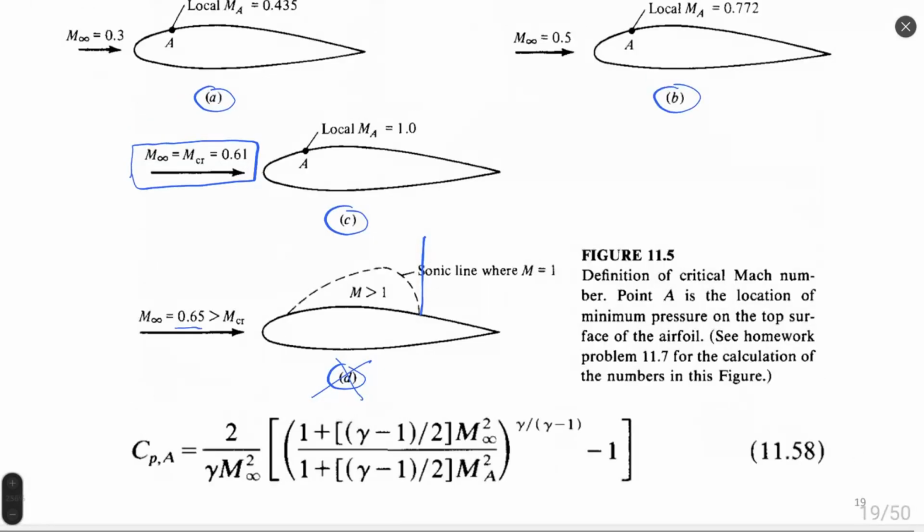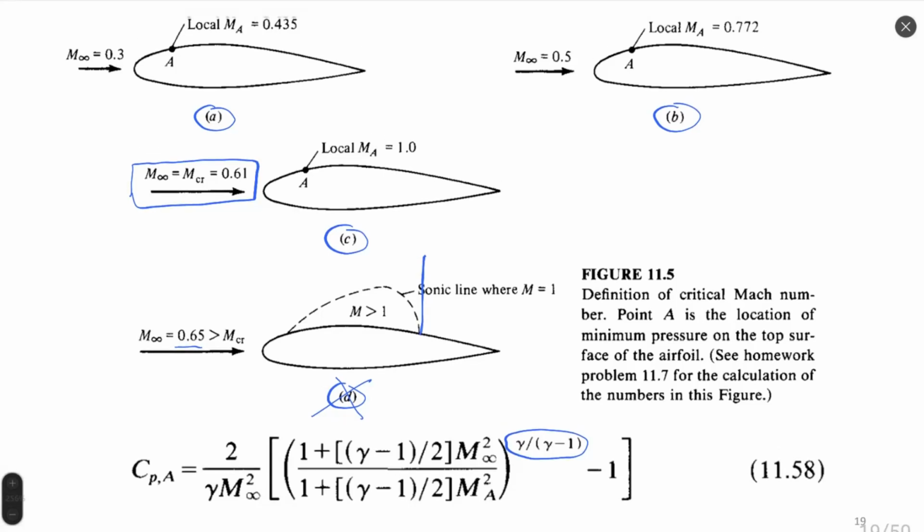So we have this function written as a ratio of pressures. We have a ratio of these functions. The power is the same, gamma divided by gamma minus 1, for both functions, so we simplify in such a case. This is the general formula for any Mach number at point A. When we are searching for the critical Mach number, instead of MA we will put just the value 1, and the equation will simplify.